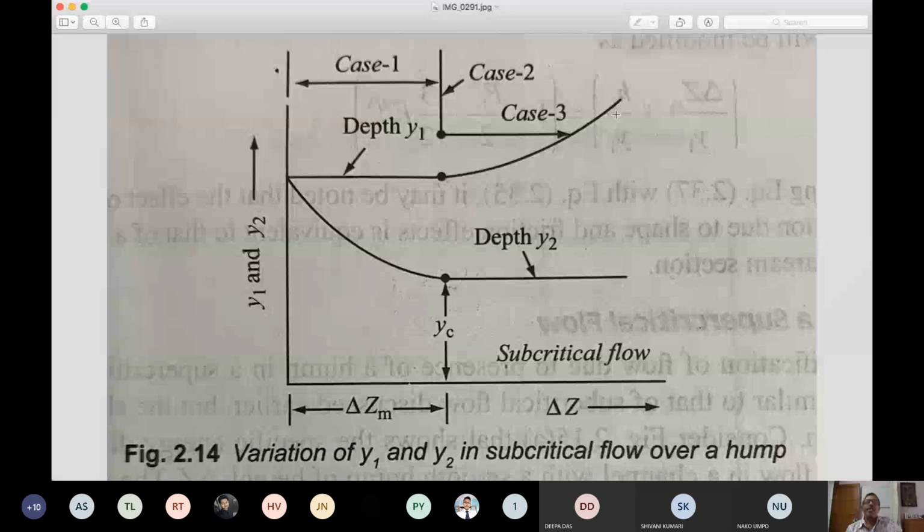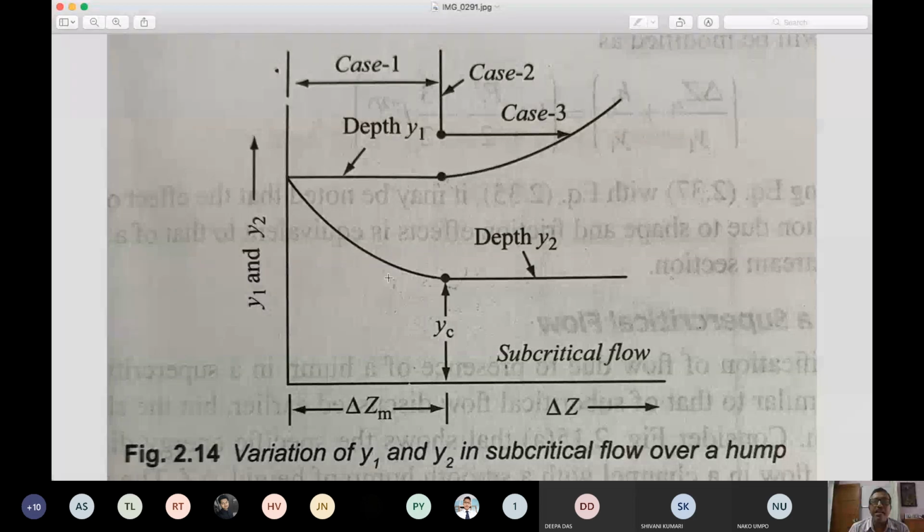So in the first case, Y1 is constant and Y2 is falling up to Yc. Exactly at delta Zm, Y2 equals Yc and Y1 stays Y1, and the flow is critical downstream.